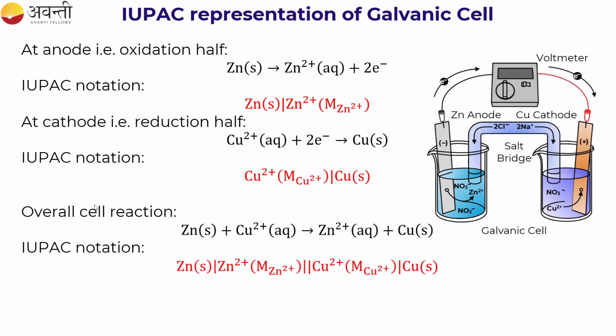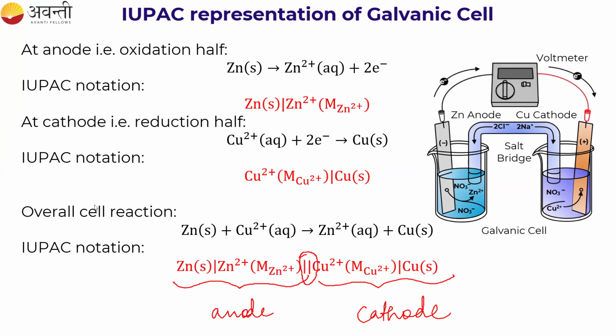First we write the oxidized part and then the reduced part, meaning the reaction occurring at the anode is written first, then the reaction occurring at the cathode. They should be separated by a double parallel line. This is how we write the cell notation using IUPAC.